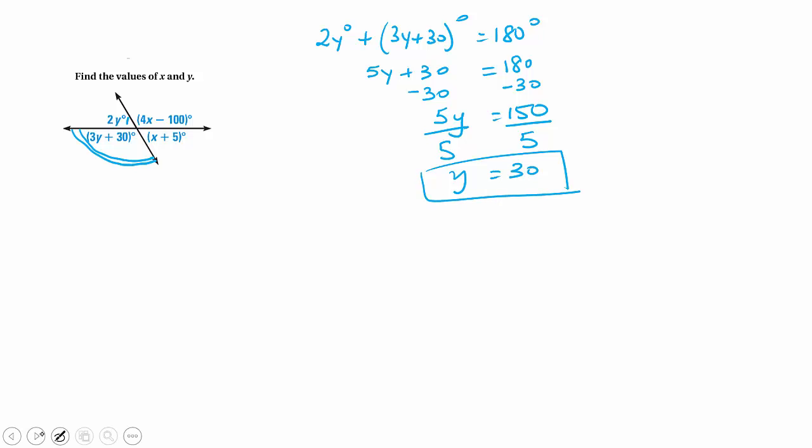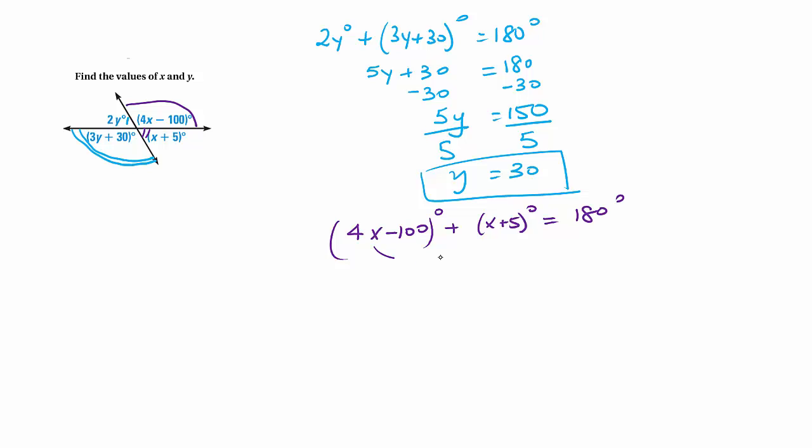Similarly, we can see that these two angles are also supplementary. So you get 4x minus 100 plus x plus 5 degrees is equal to 180 degrees. Combine like terms. Just reminding you, that's 5x minus 95 equals 180. The degrees cancel out on either side. Add 95, add 95.